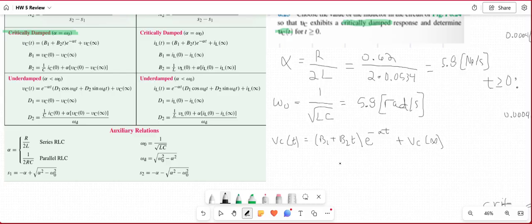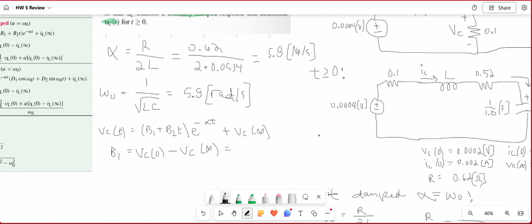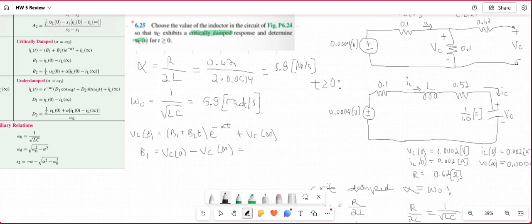And then B1 equals VC of 0 minus VC of infinity. VC of 0, we remember we got 0.0002 down here.